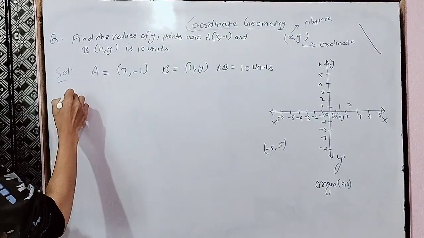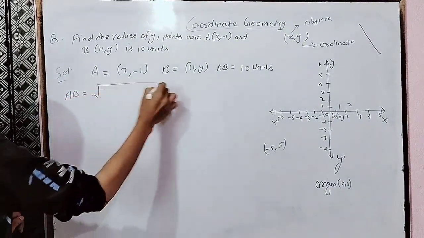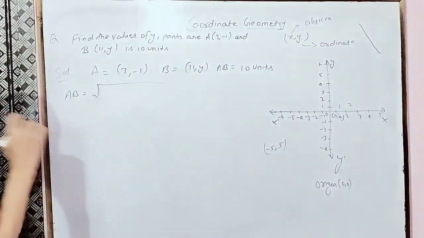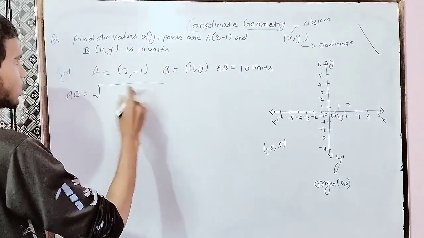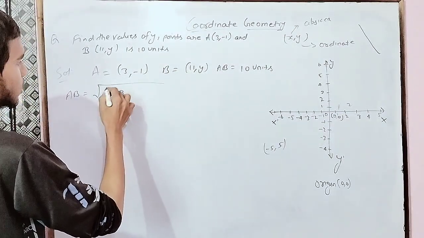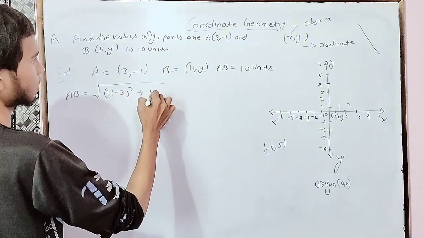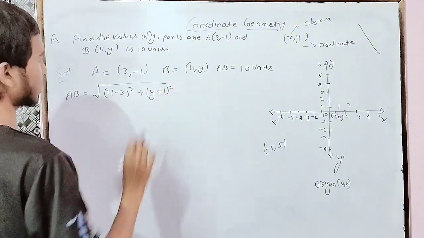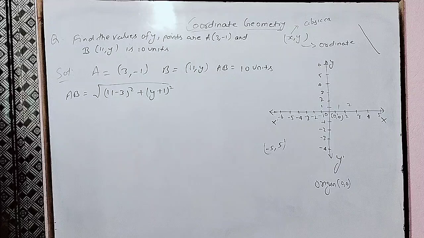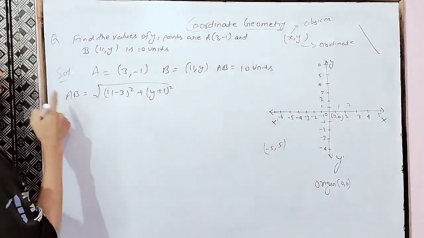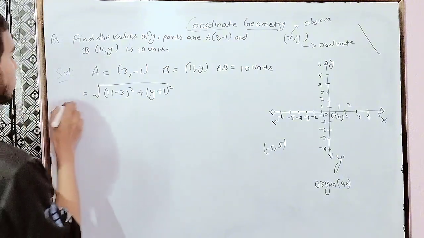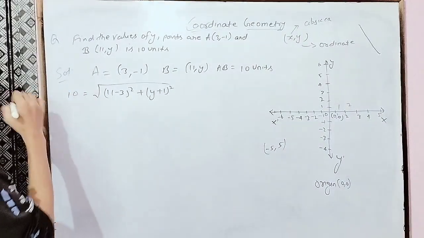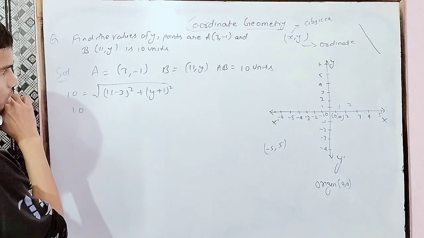So here AB under root. Okay, so here this is x1, x2, y1, y2. So (x minus 3) square, then (y plus 1) square. Clear? Now till here it is clear. Now we know AB is what? So can we put 10 in place of AB? Yes, of course. So 10.